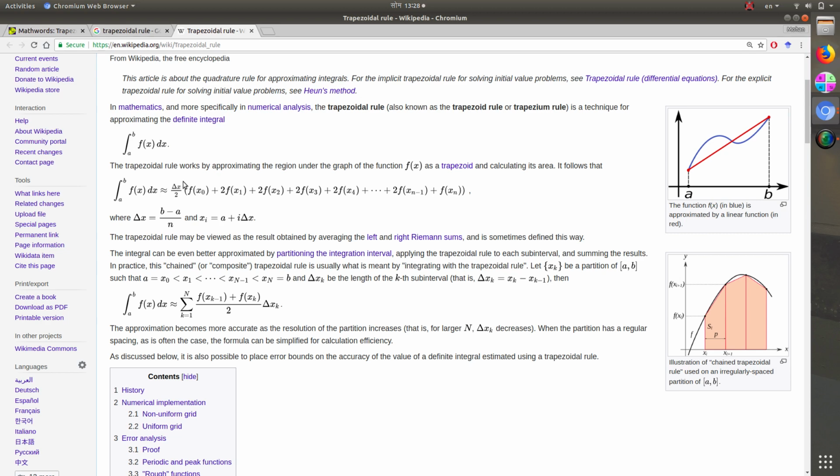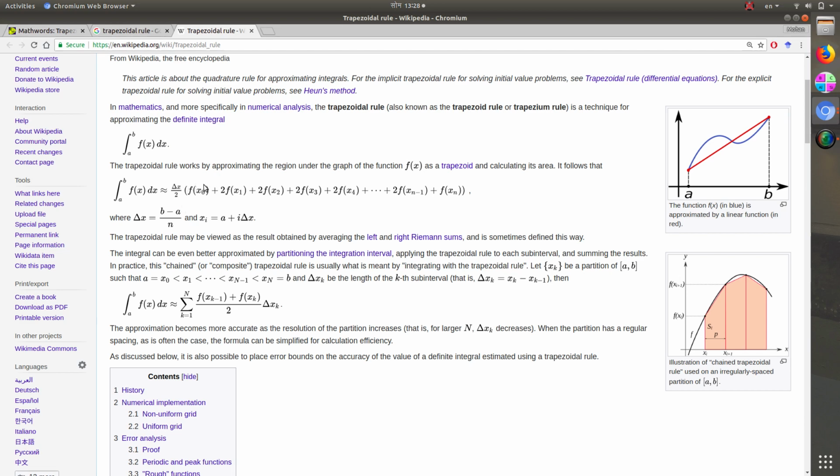In this formula, delta x is nothing but the width of a subinterval. The distance from xi to xi plus 1, that is the distance between any two consecutive points, is delta x. In my formula I will denote this delta x by x. So this is our formula.